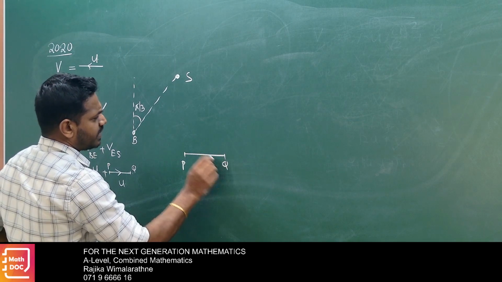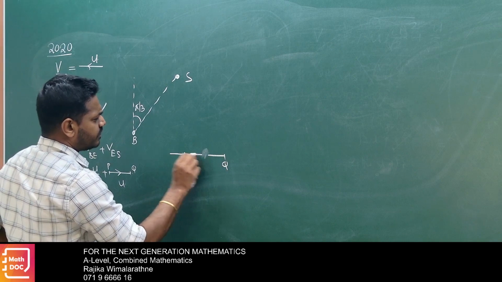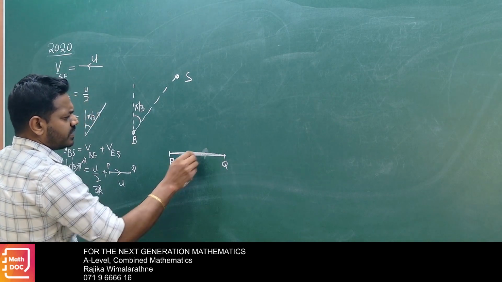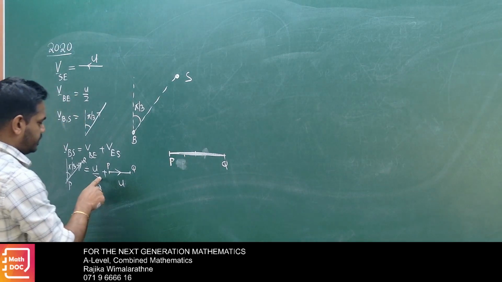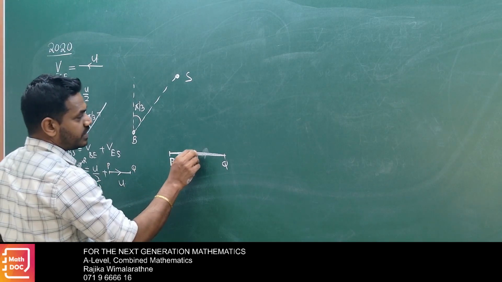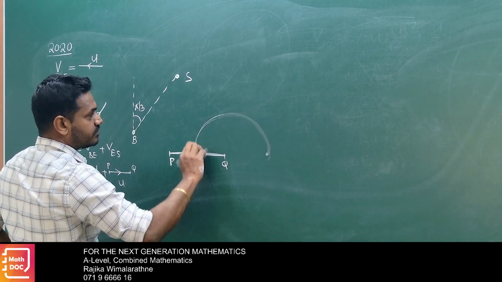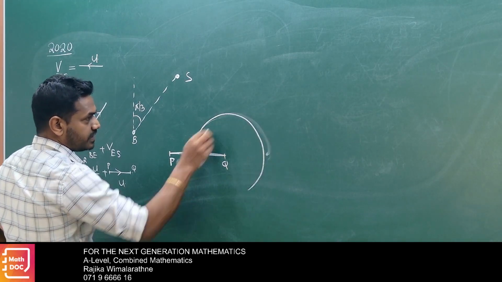Here PQ vector magnitude u. Then u by 2, QR vector u by 2, midpoint here, take center Q, radius u over 2 circle. Now here it is.